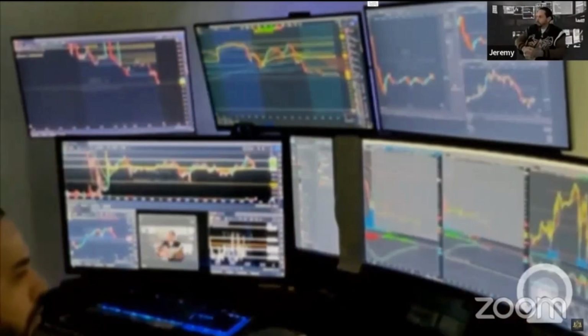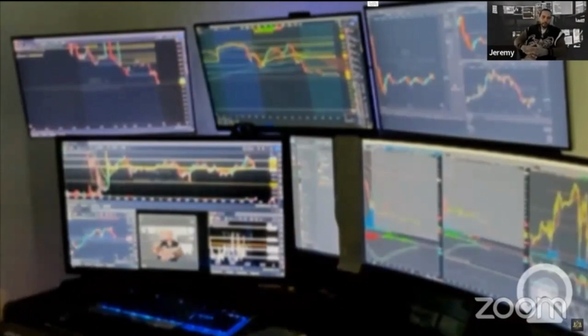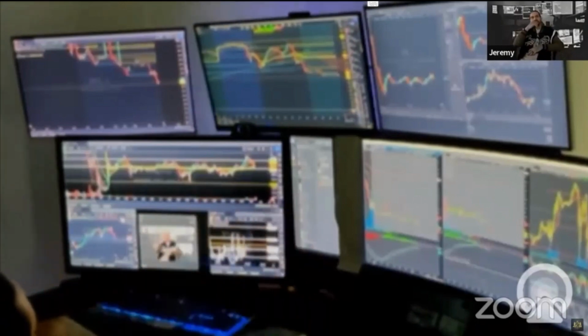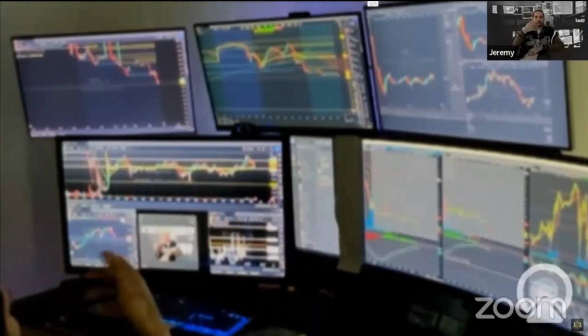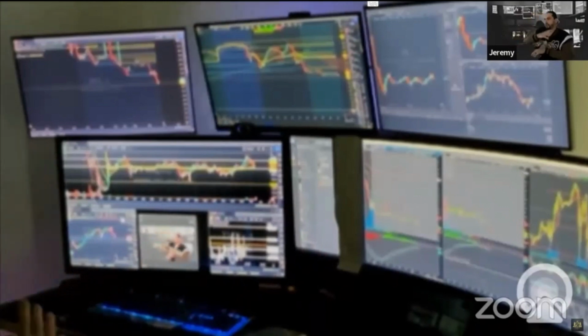I'll go through all of that in depth, chart by chart, so you can get an idea of what I'm looking at and my setups. I'm going to let you know the indicators I set up on those charts, and exactly how I have them set up. I'm going to go through it real quickly.